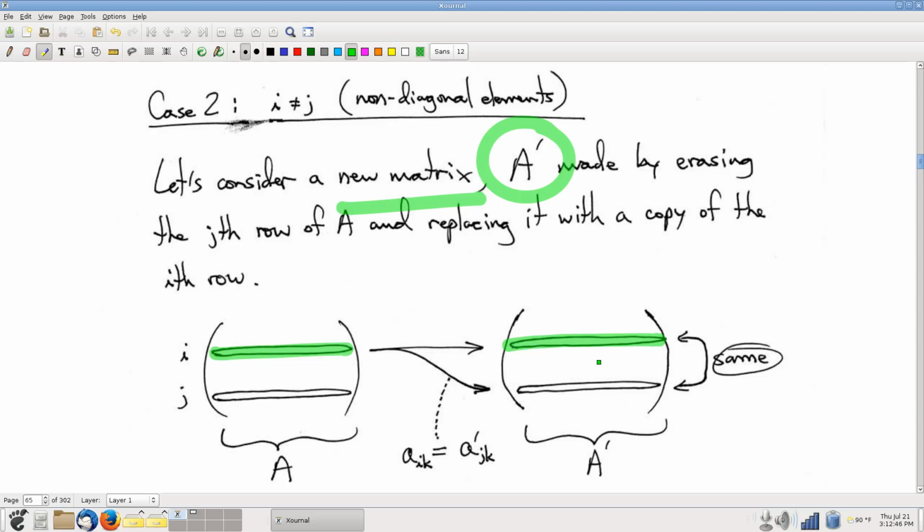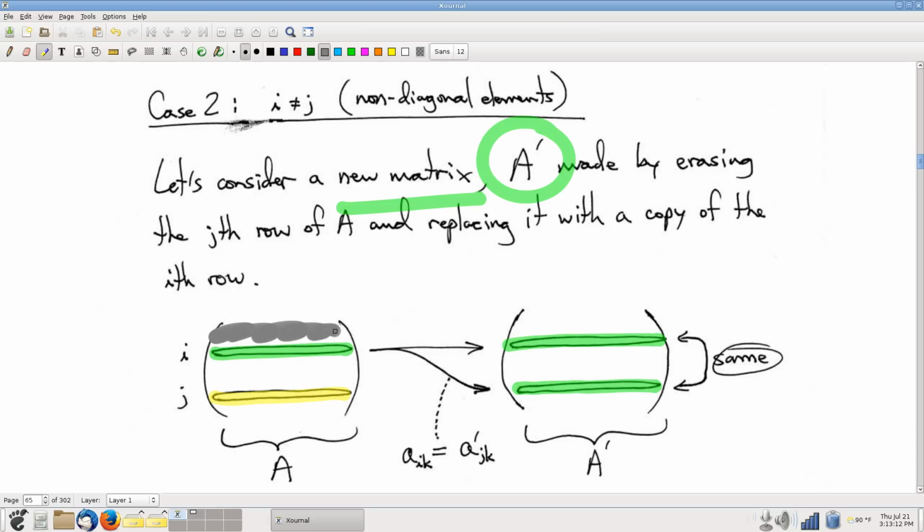We will, however, also take that ith row and put it in the jth position. So we will trample what had previously been in the jth row. That jth row just gets destroyed, and the ith row goes in that place in addition to staying where it was. And furthermore, everything else stays the same.